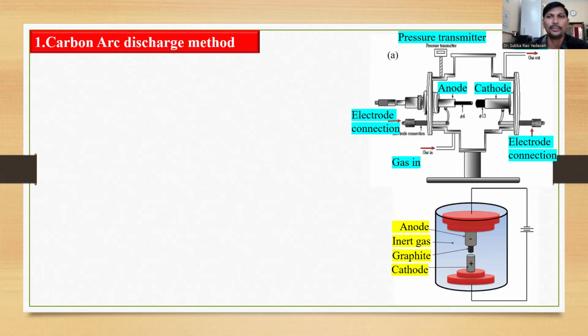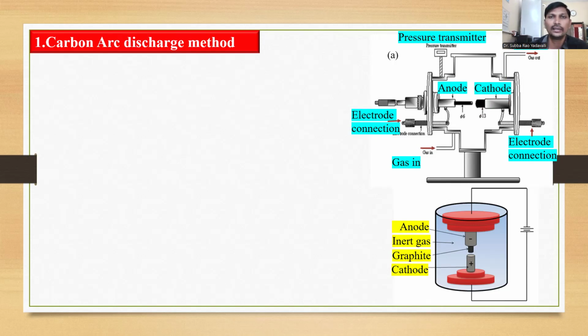That means it will be vaporized and deposited on the cathode surface, and the black deposit is called the carbon nanotubes. So due to the high voltage, the anodic graphite is discharged and deposited on the cathode surface. This is the main mechanism involved in the arc discharge method.